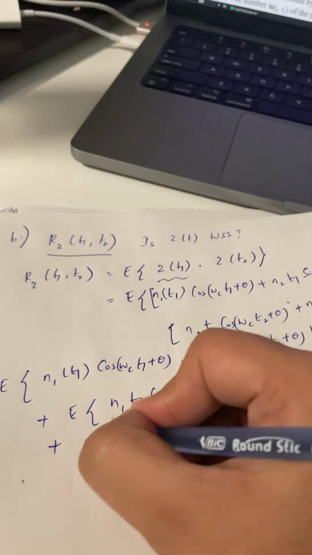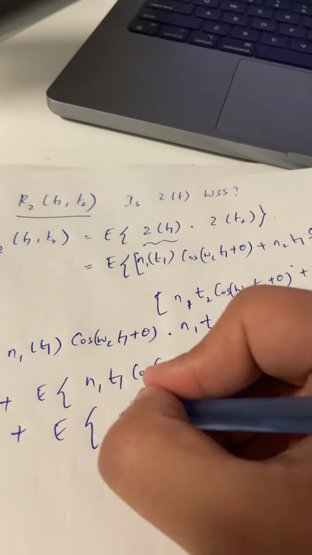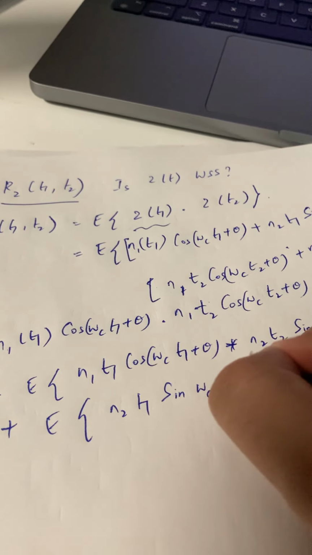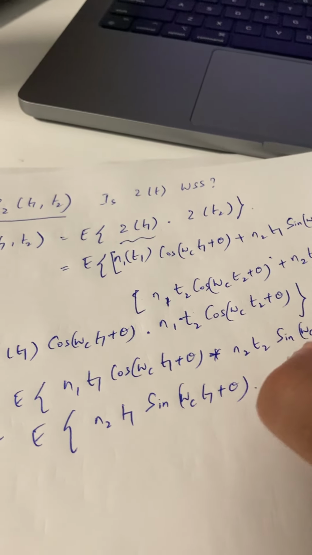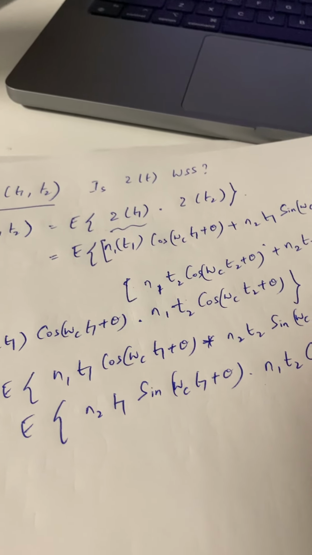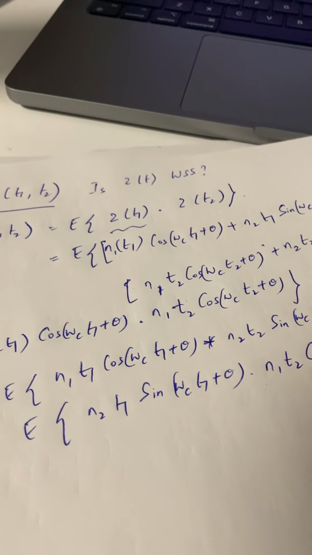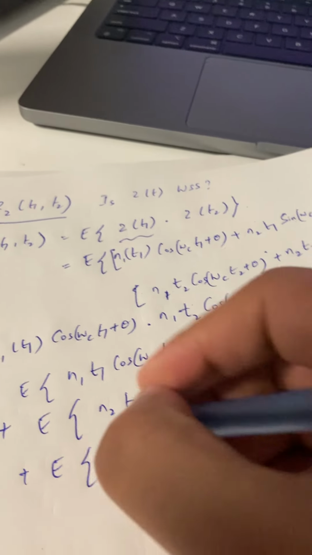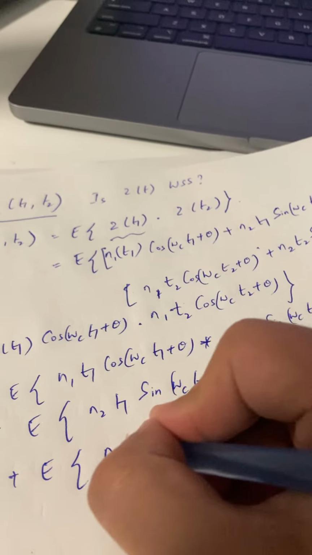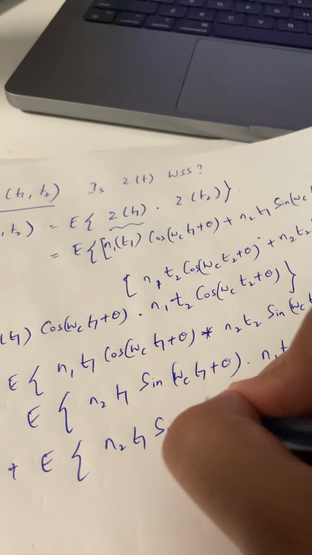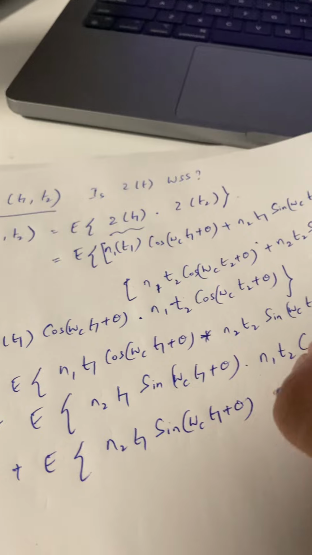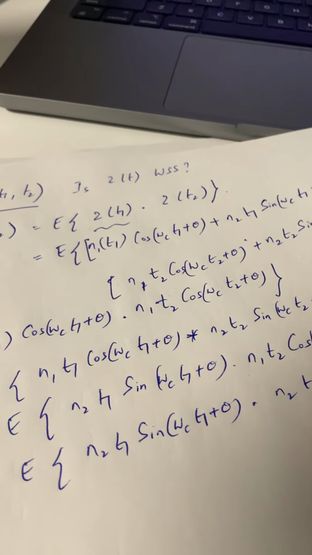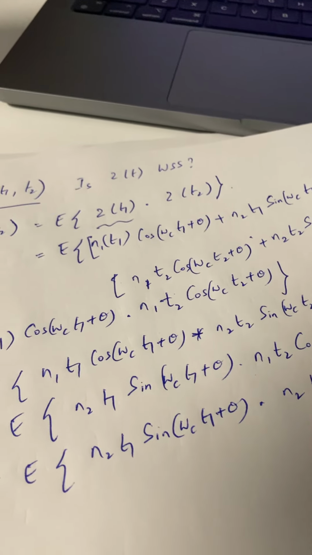The third term is n2 of t1 sine of omega c t1 plus theta into n1 of t2 cos of omega c t2 plus theta. And the final term is E of n2 of t1 sine of omega c t1 plus theta into n2 of t2 sine of omega c t2 plus theta.